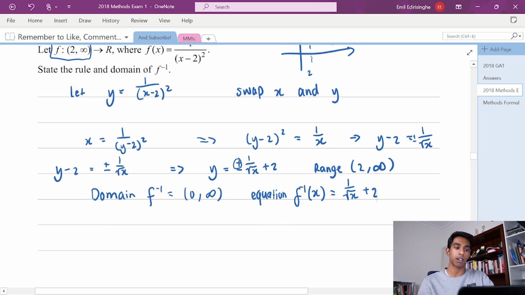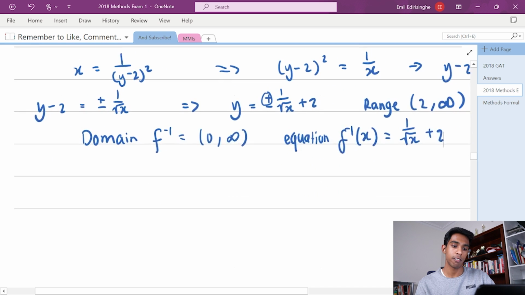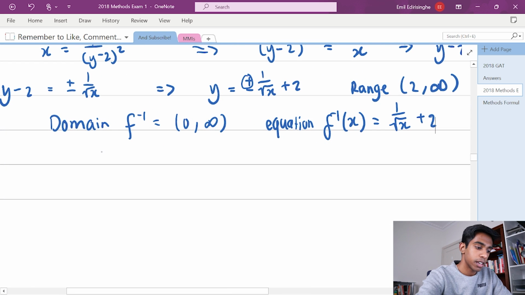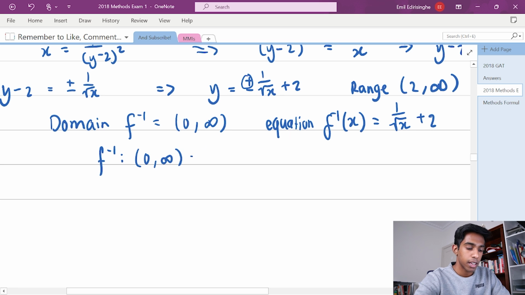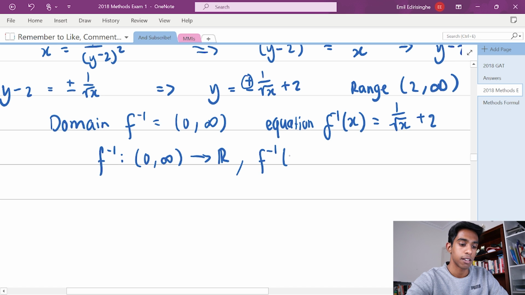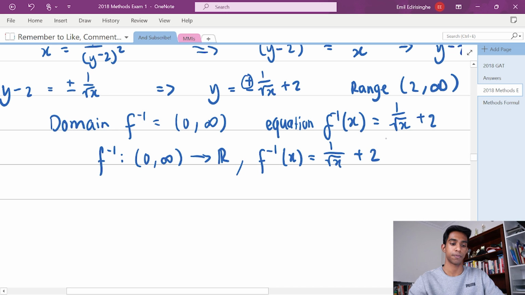And so if we were going to write this properly in function notation, the way I'd write this would be f negative 1 such that the domain, so 0 to infinity, and then the codomain is real numbers, but that doesn't actually matter. It's always going to be real numbers. And then we have the actual equation, f negative 1 of x equals 1 on root x plus 2.